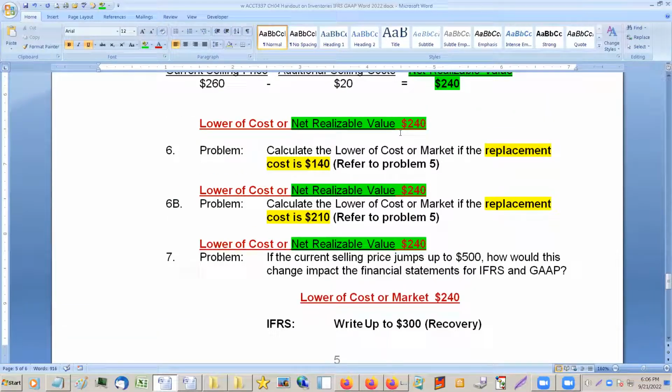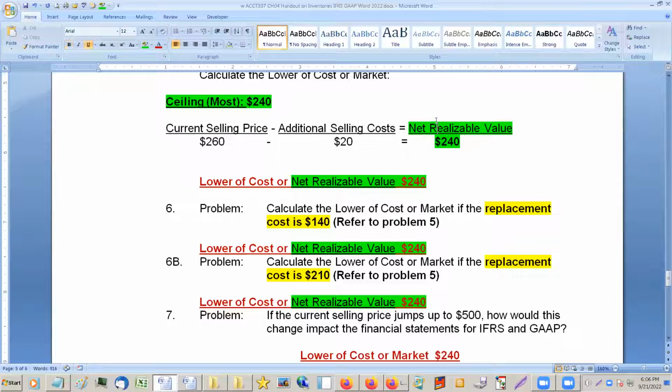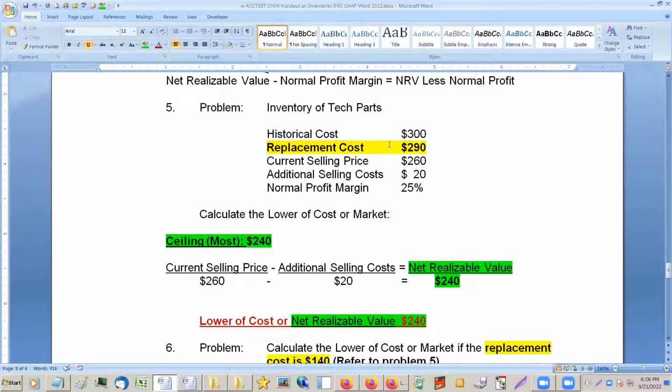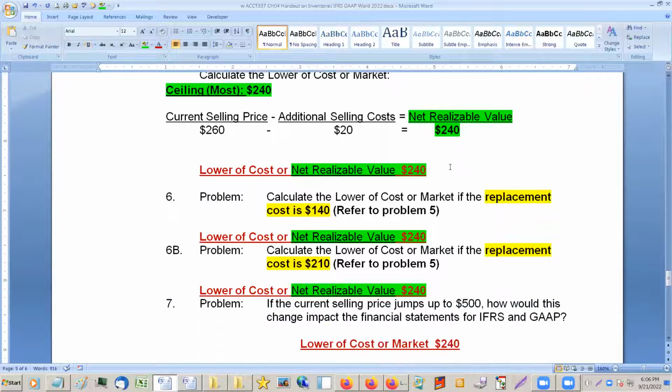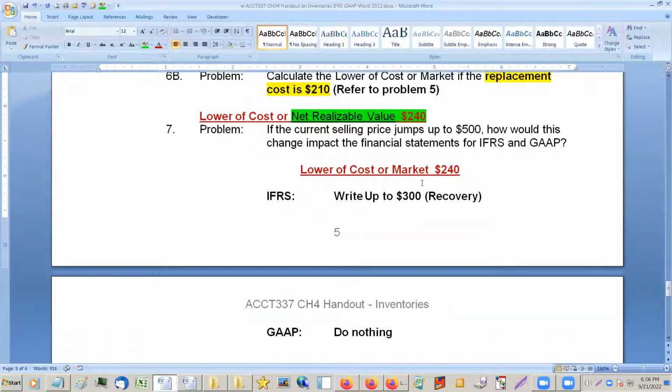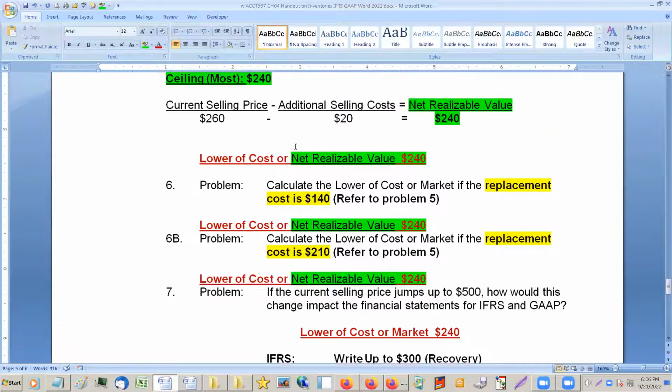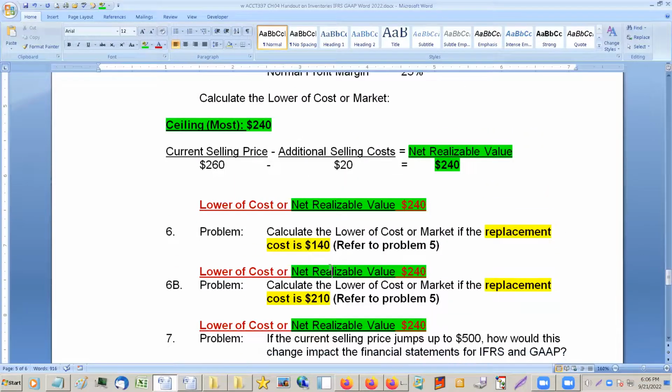They're all net realizable value. And if they do say market for the GAAP ones, it's still net realizable value. Now they still can't write anything back up, but the lower of cost or market or lower of cost and net realizable value are the same.